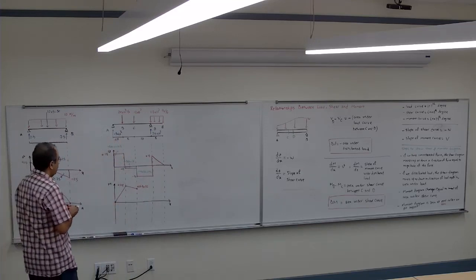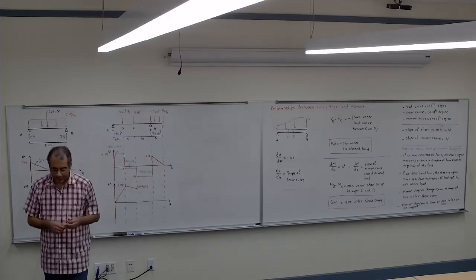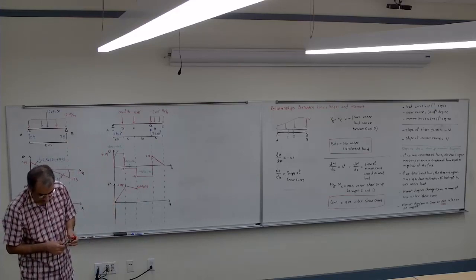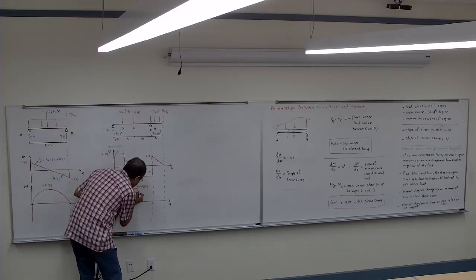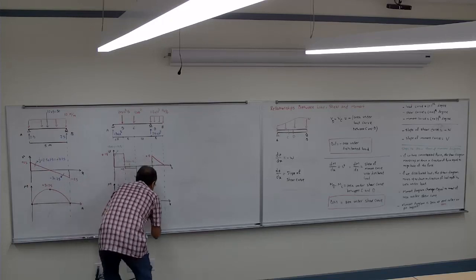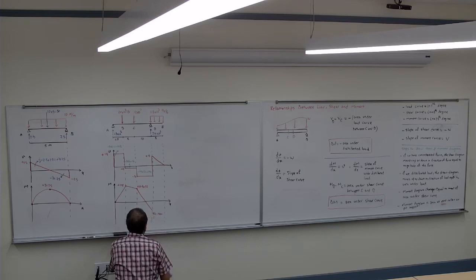Yeah. So now again, I have to go down: 92 minus 140, which takes me down to somewhere here. How much is that? Negative 48. So it's going to be negative 48.